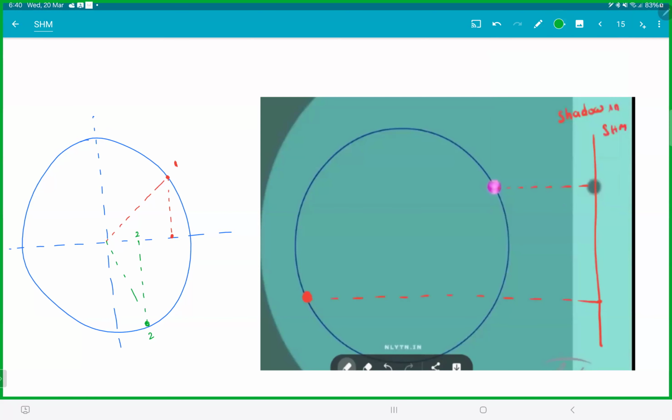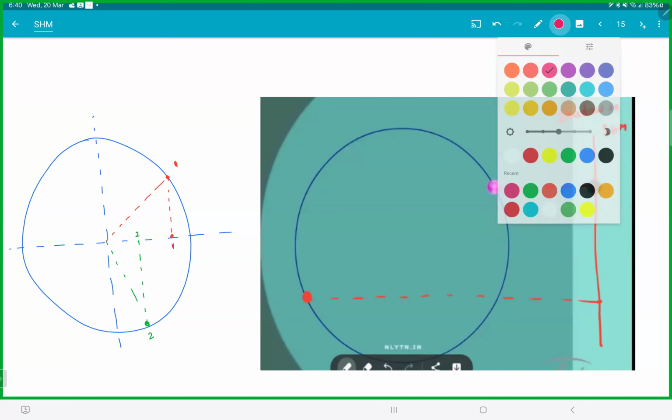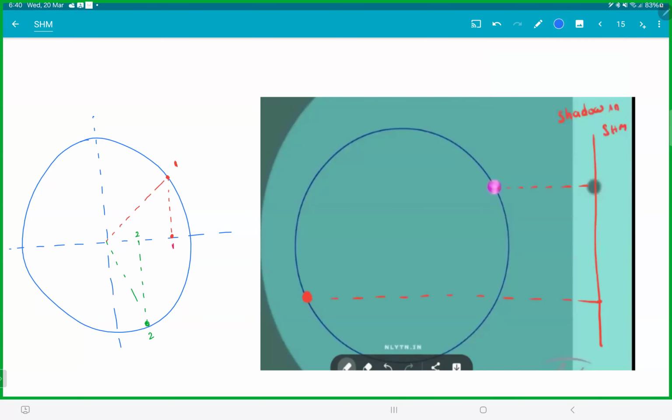So the actual motion belongs to a particle who is going in a circle. But what you're studying is the shadow. So we observed that as the particle goes in a circle, the projection on the x and y axis, both of them, oscillates.